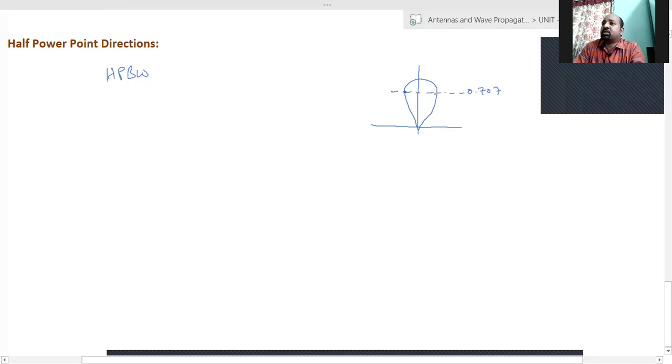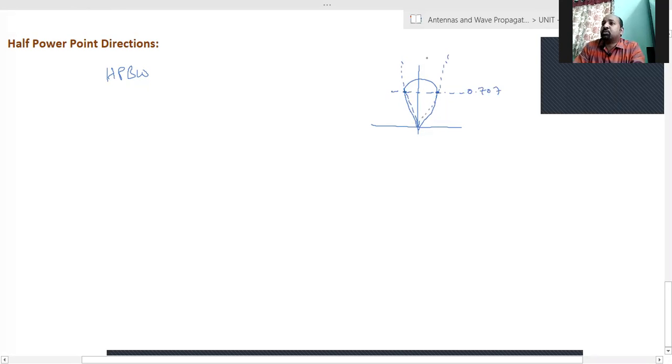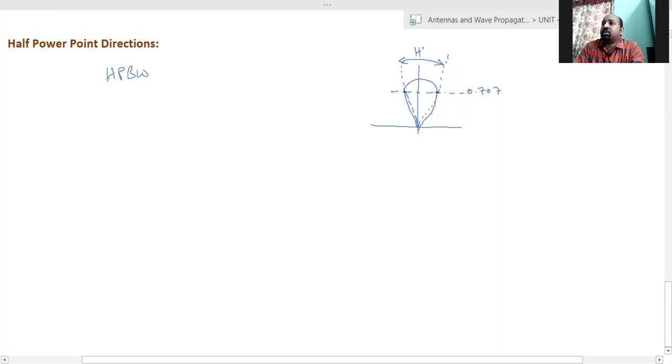It intersects at 2 points, this point and this point. So a line passing through these points, the width between these two is the half power beam width.